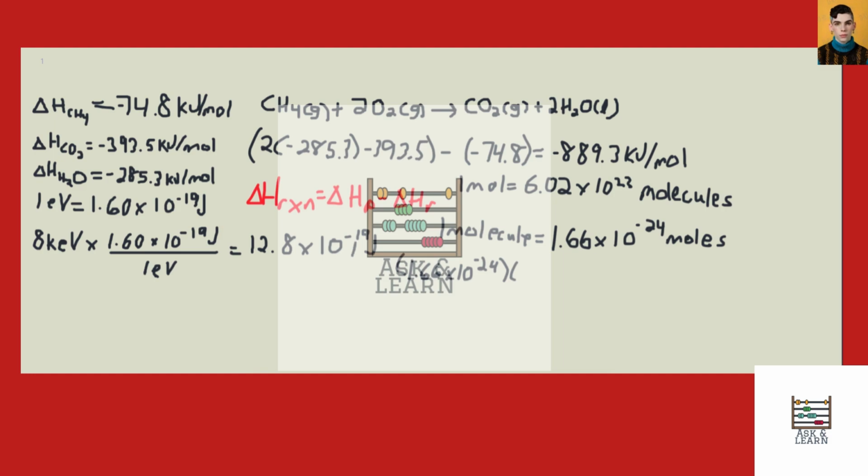That's minus 889.3, which gives minus 1.47 times 10 to the negative 21 kilojoules.